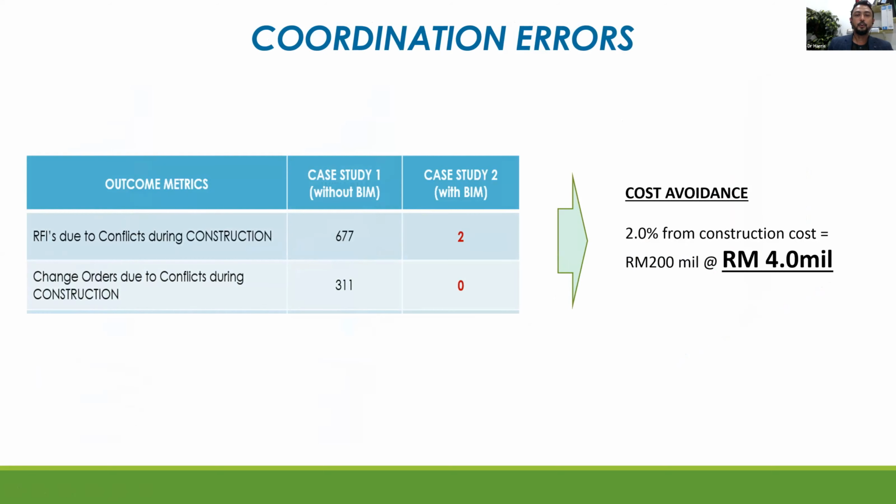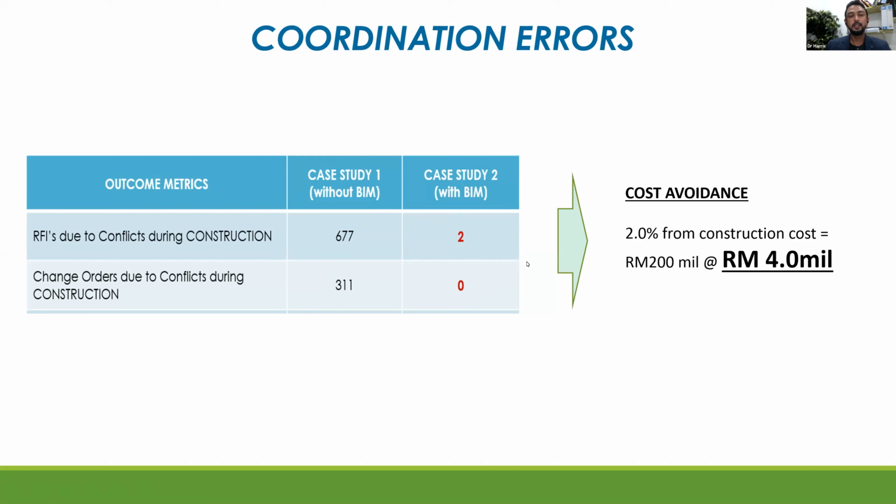And in terms of coordination error, from case study 1, without BIM, RFI due to conflict during construction is an average of 677. There's a 600 up to 800 actually. And with BIM, the RFI only 2, and change order due to conflict during construction. Without BIM, 300 over, and with BIM, 0.